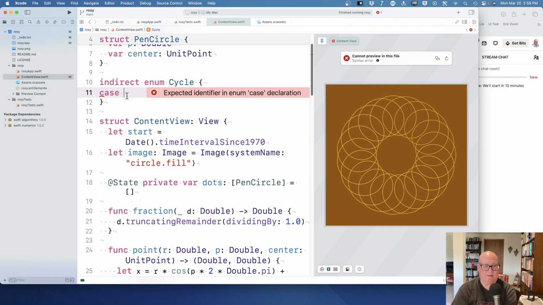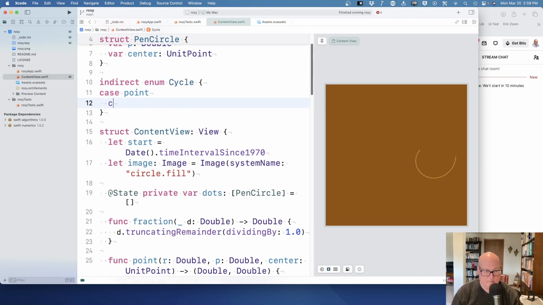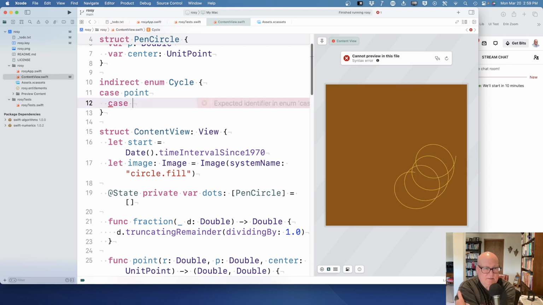Cycle is either a point or it's a, well, what is it? It's a thing of a radius.